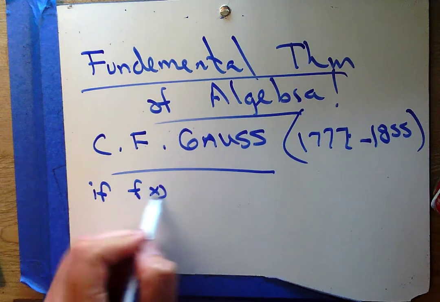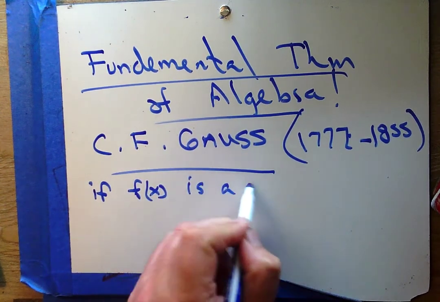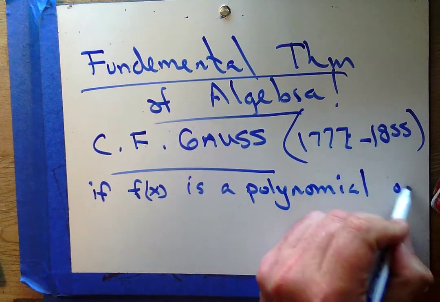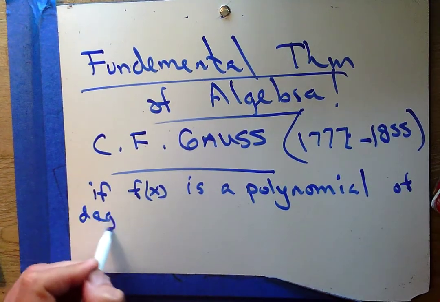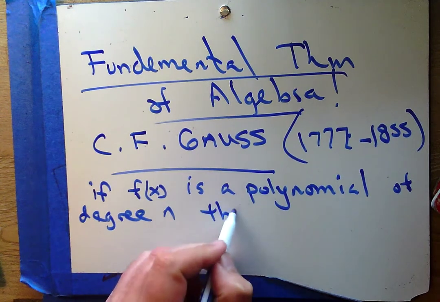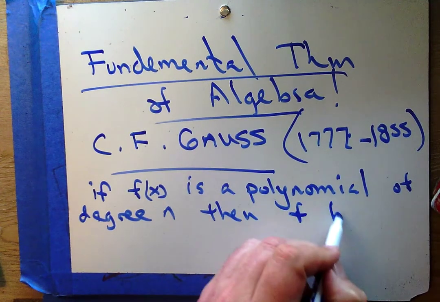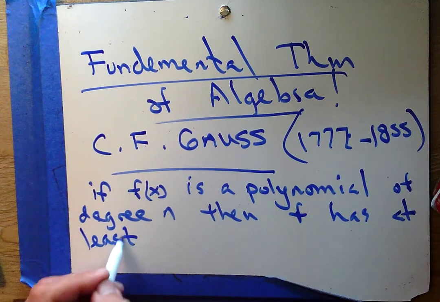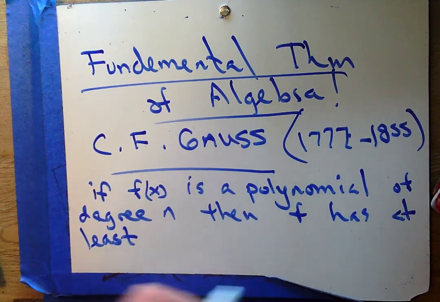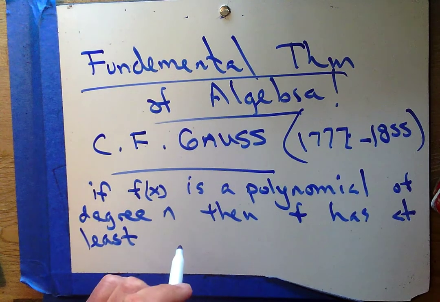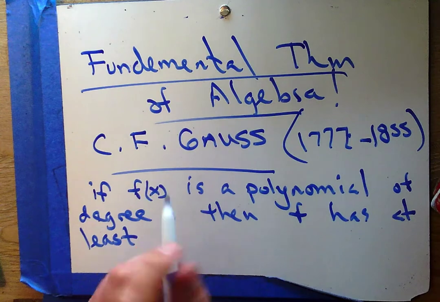If f of x is a polynomial of degree n, then f has at least, I just want to say before I write the rest down, full professorship for writing this, okay?